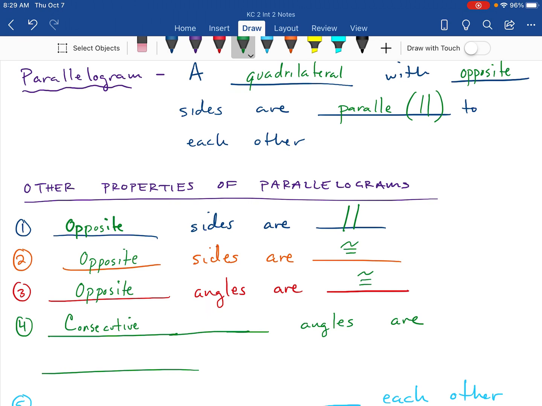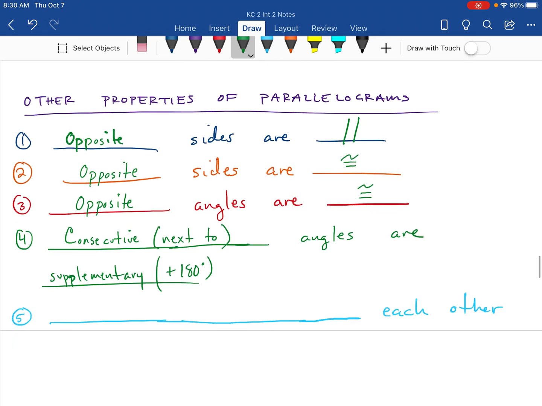Now remember, consecutive means next to. Okay, so angles that are next to each other are supplementary. If you can't remember what supplementary is, it means that they add up to 180 degrees.